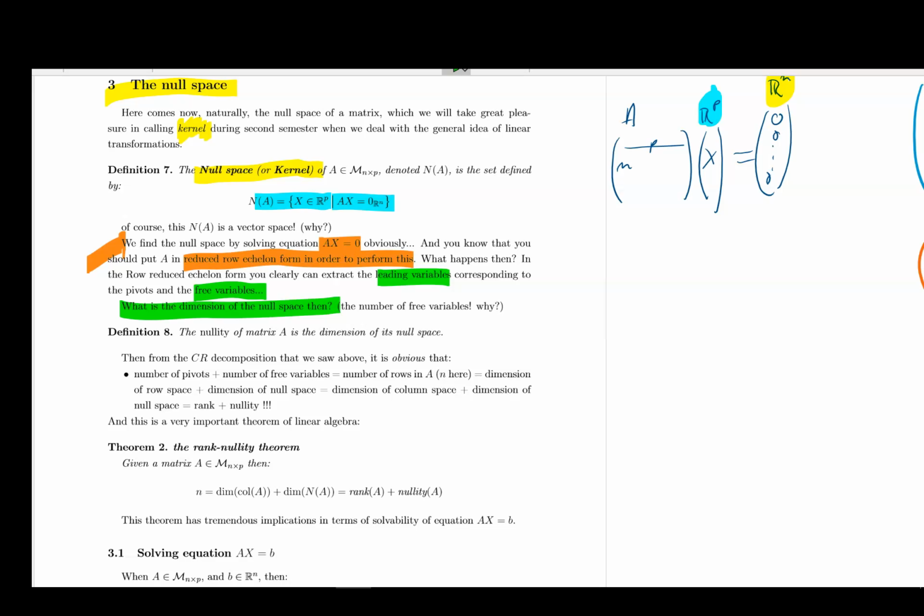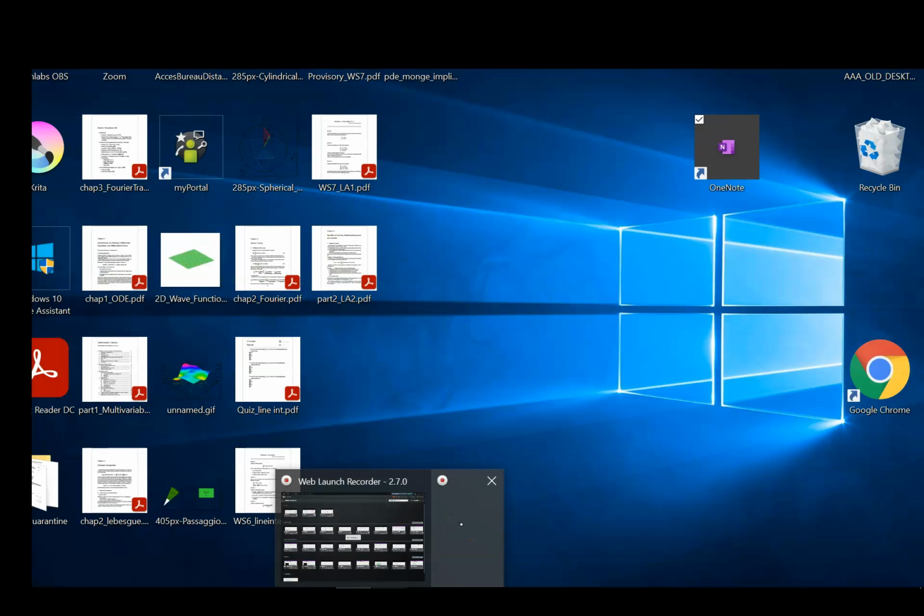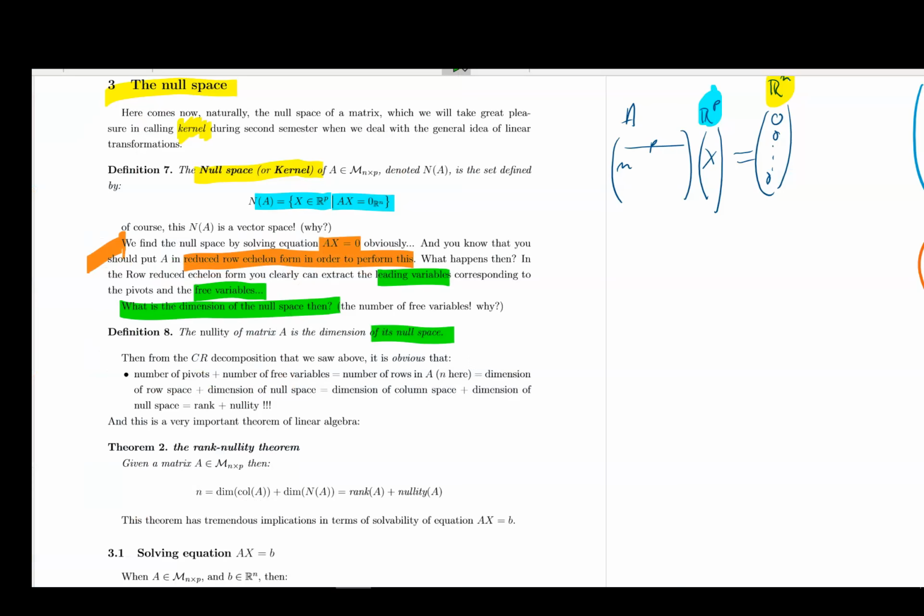That is going to be the dimension of your null space. And that dimension has a very nice name. It's called the nullity. Although I've only heard the word nullity in the coming theorem, which is called the rank nullity theorem.